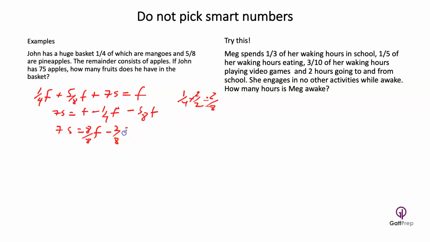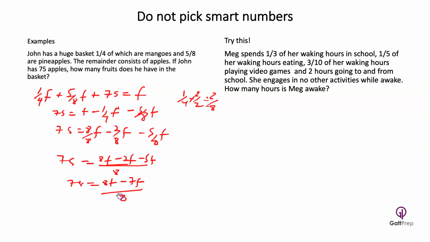So you have 2/8 f minus 5/8 f. Now you have a common denominator for all your fractions, so 75 is equal to 8f minus 2f minus 5f all over 8.